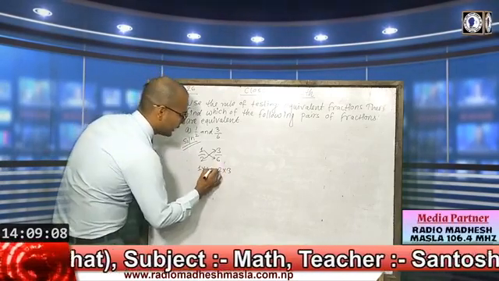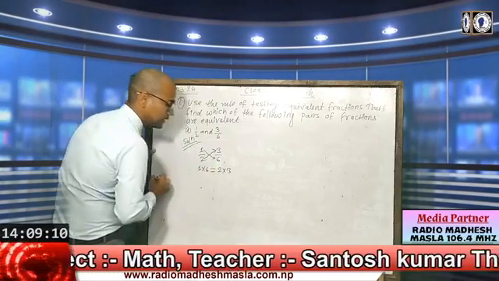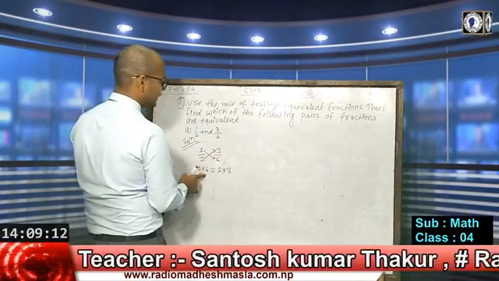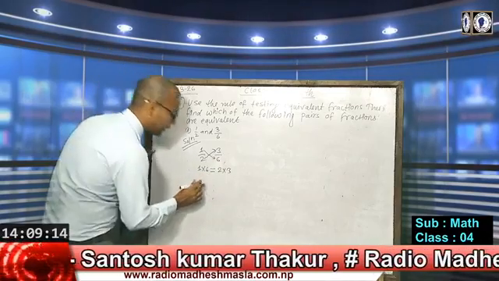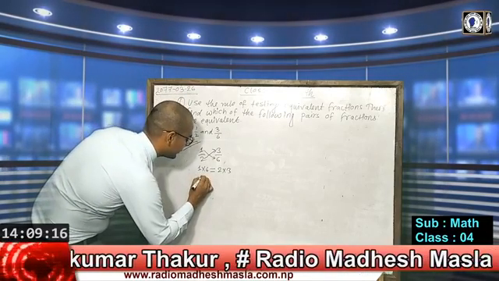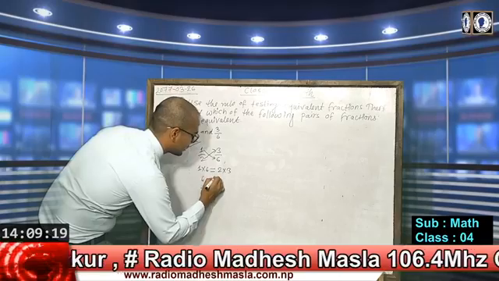So we can give an equal sign here. It represents that these two fractions have the same value, so we can write 1 into 6, 6, is equal to 2 into 3, 6.